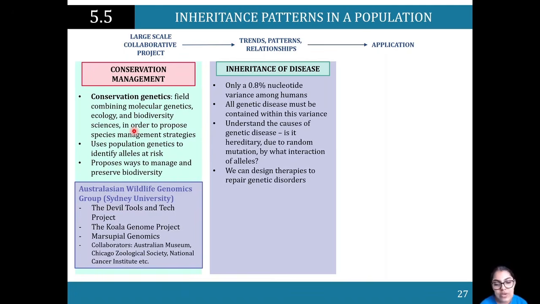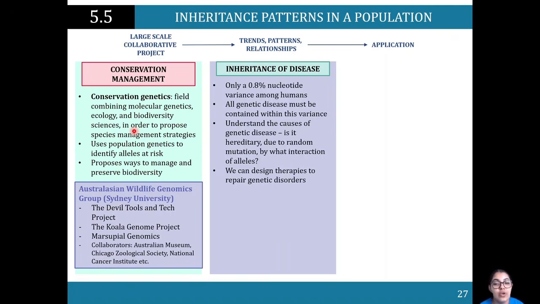So if diseases are arising and not everyone has the disease, but some people do, that means the cause lies in the 0.8% of variance, because it wouldn't be in the 99.2% which everyone has. It's going to be in the 0.8%.